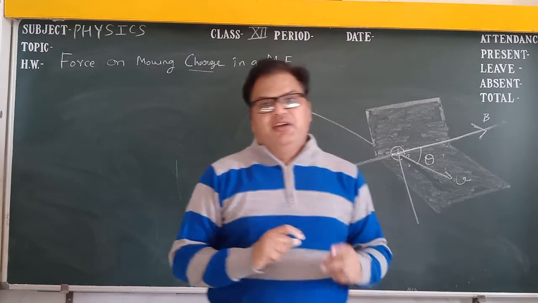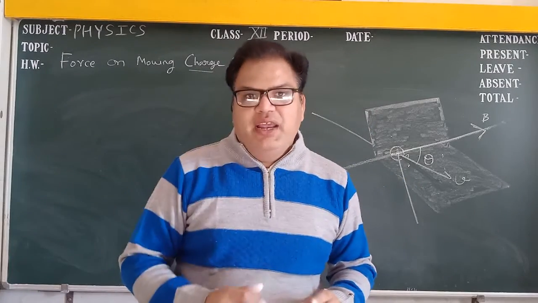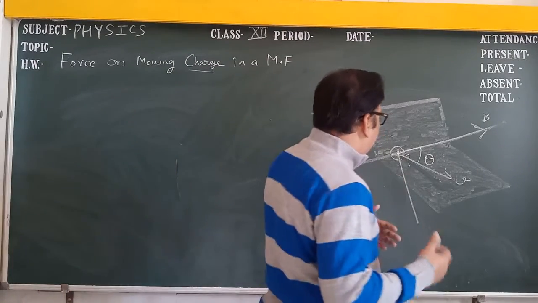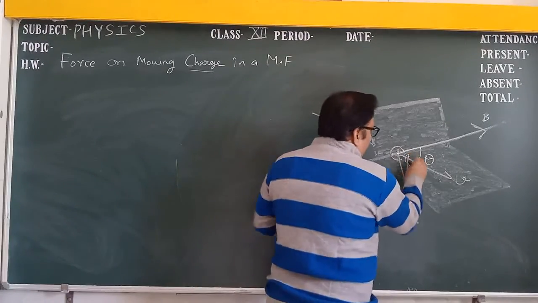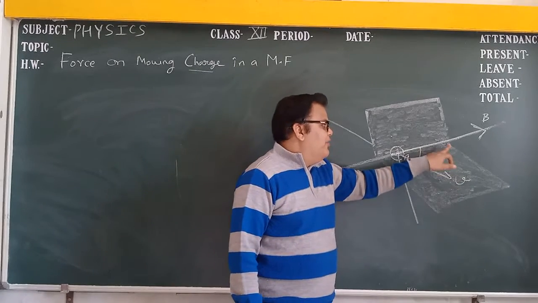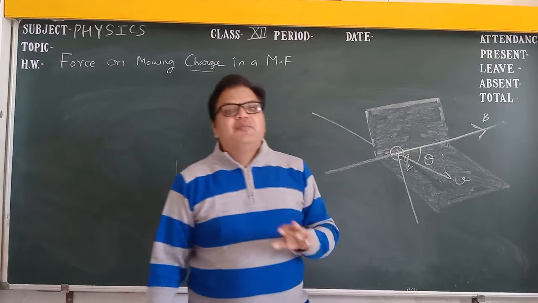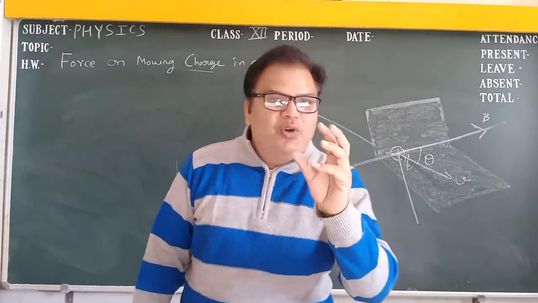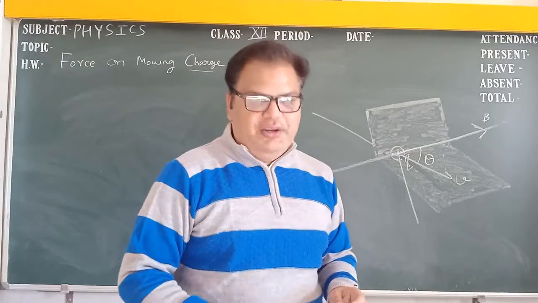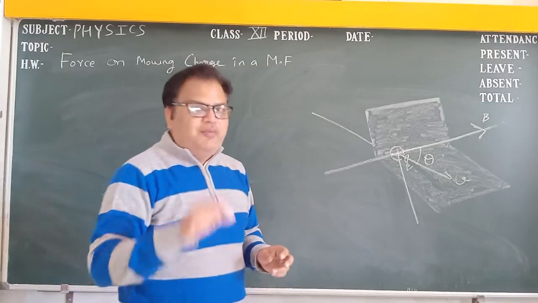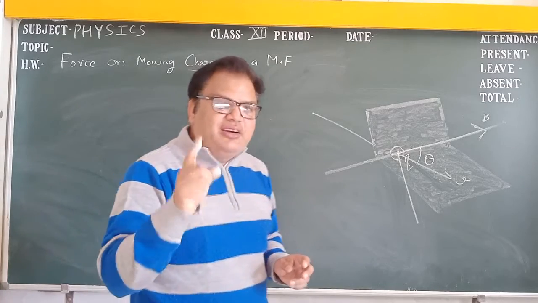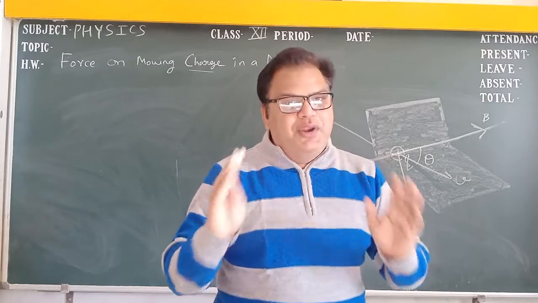You have to remember one thing. Suppose a particle moves with velocity v and makes an angle theta with the magnetic field. It may be or it may not be, but we consider it here.